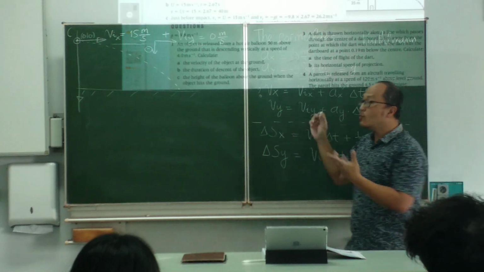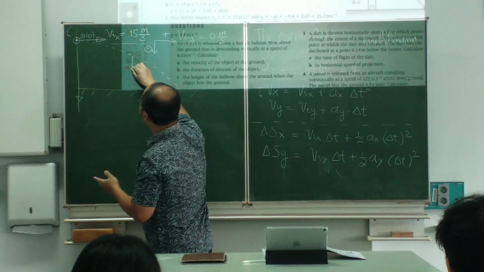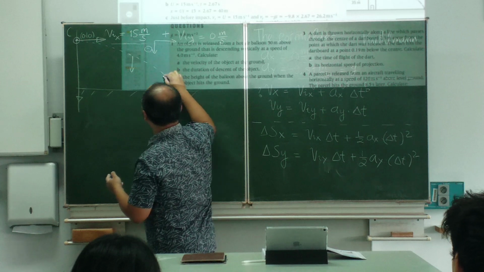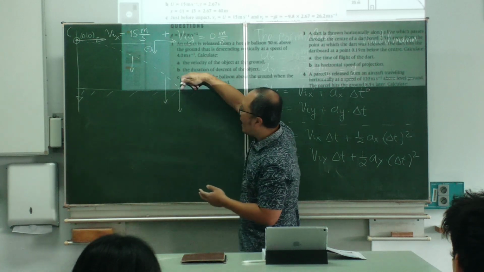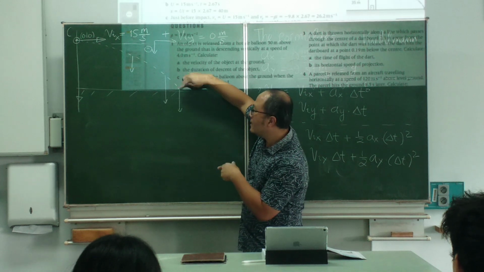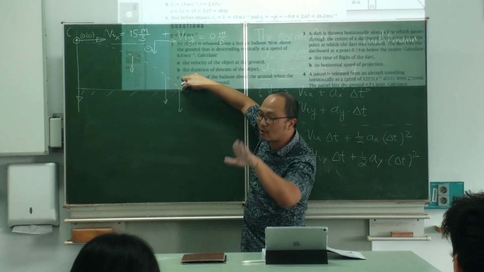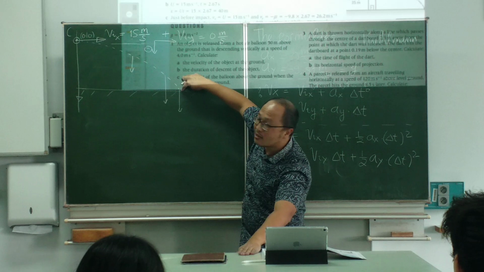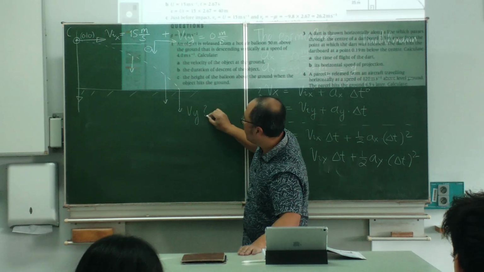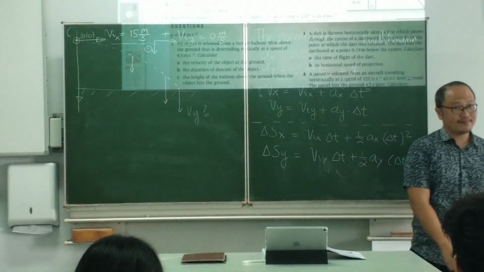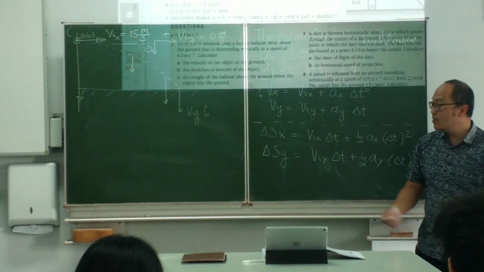Can you see the second one? Vy means any velocity in the y direction, and we are interested in the part where it is about to fall on the ground. So the y velocity is also not known.